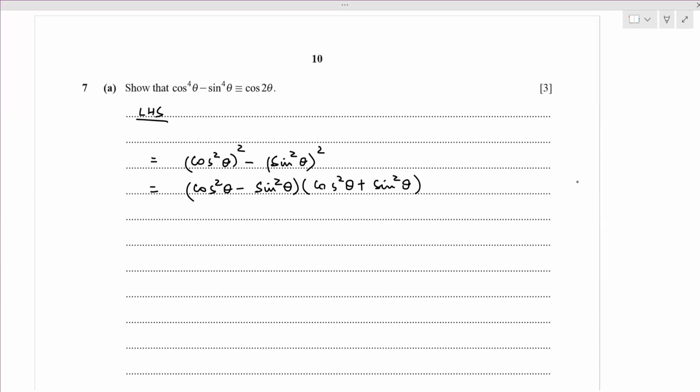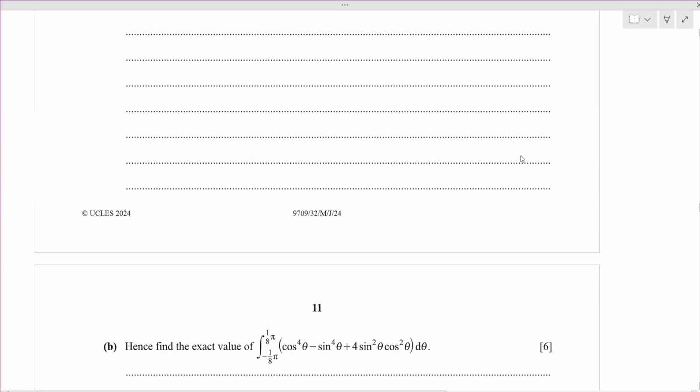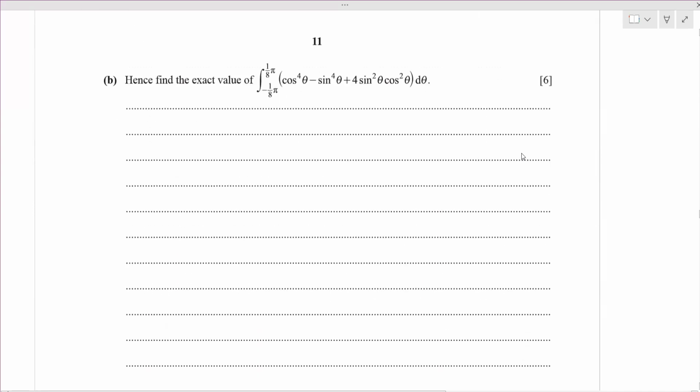The second bracket is equal to 1 and the first bracket is remaining. Why is the second bracket 1? Because of the identity, and cos square theta minus sin square theta is cos 2 theta, a simple identity of the first part. Now, what we have in the second part, we have to integrate it with the limits minus pi by 8 to pi by 8.